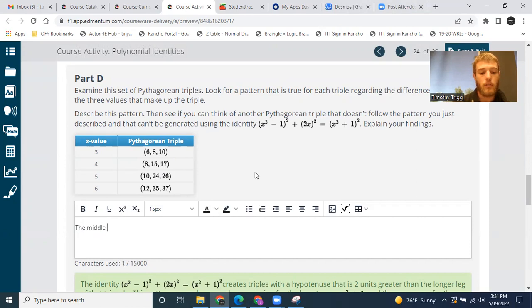The middle length side is 2 units less than the largest side. I guess instead of largest side, we could say hypotenuse. I don't think I spelled that right. Whatever.